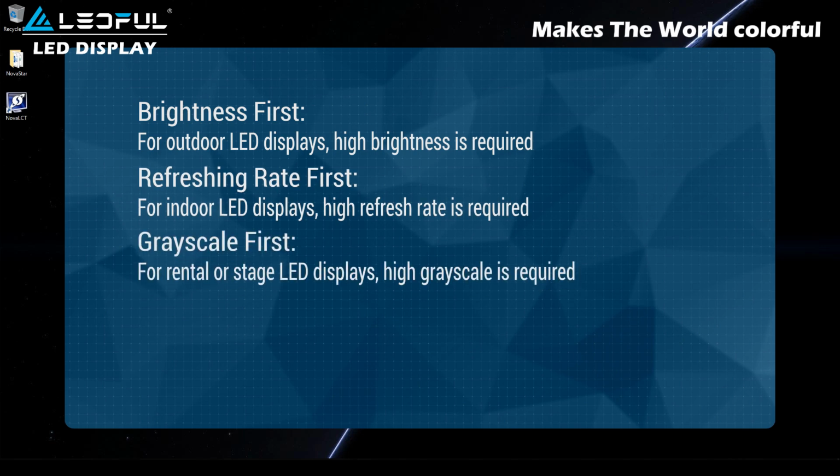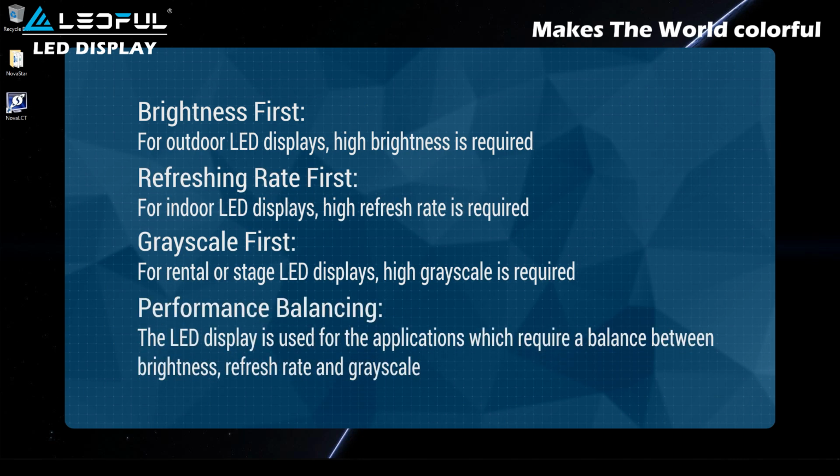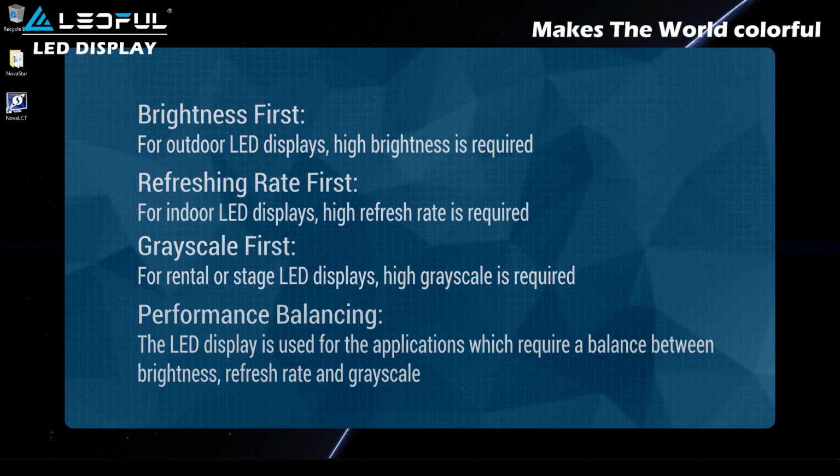Grayscale first. For rental or stage LED displays, high grayscale is required. Performance balancing. The LED display is used for applications which requires a balance between brightness, refresh rate, and grayscale.